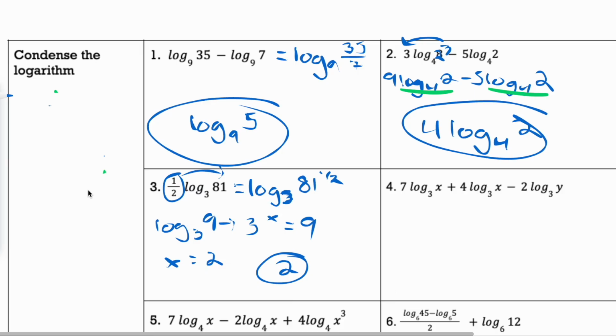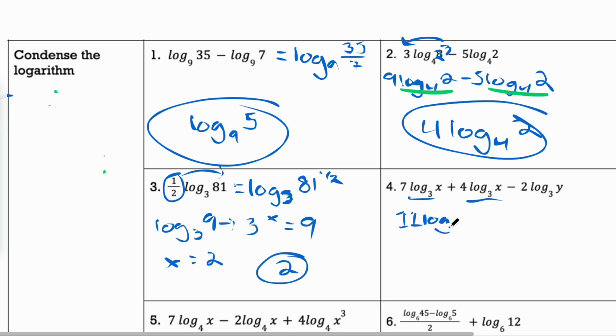Okay, so for 4 here, we notice that we have this log base 3 of x, this log base 3 of x. So what we want to do is combine those, just like what we did up here with this log base 4 of 2. How do we do that? Well, we're just going to add 7 and 4. We get 11 log base 3 of x. I'm writing these just so I don't get them mixed up.